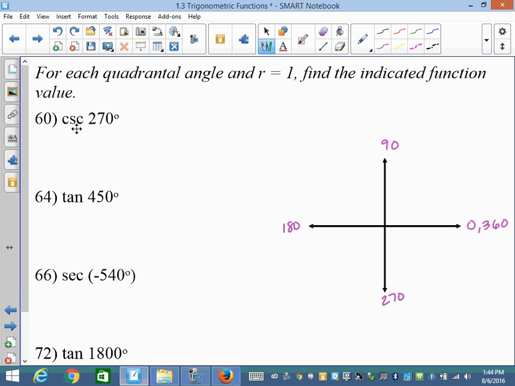Okay, so I'm at 270 degrees, which is down here. Now keep in mind, you have to figure out your x and y values, but remember that your r value is 1.